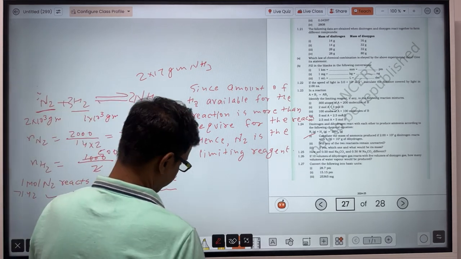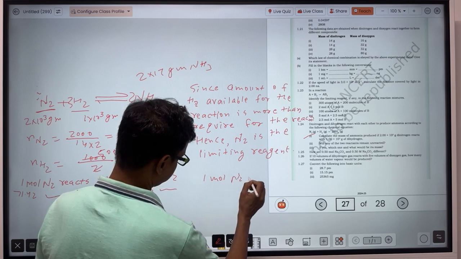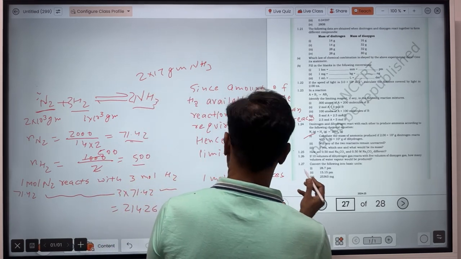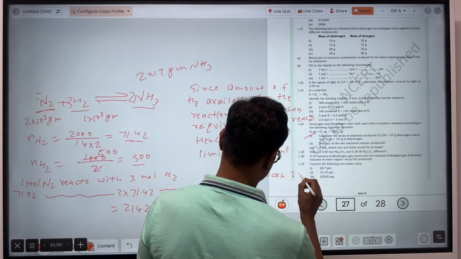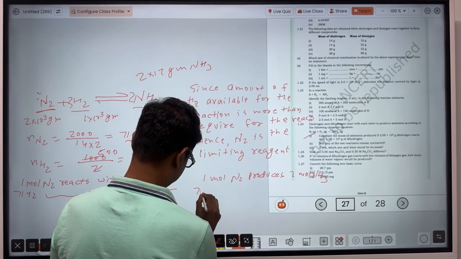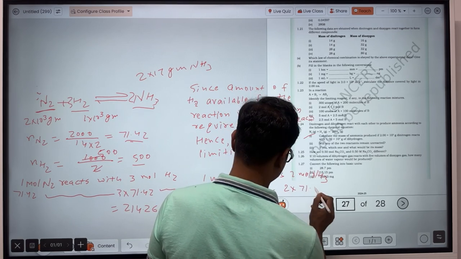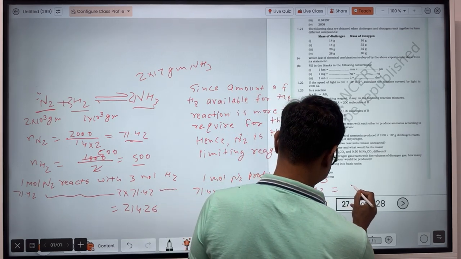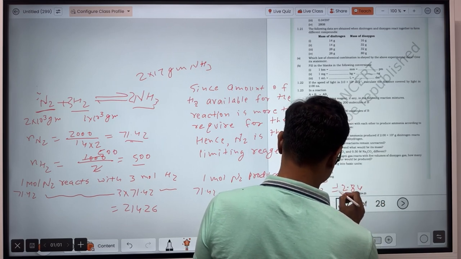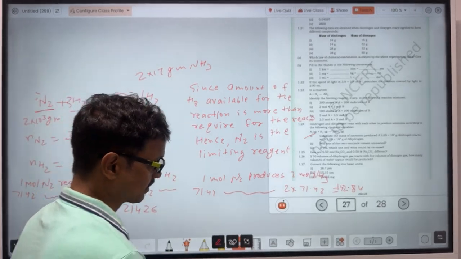Anyway, you may do that. So 142.84 moles, in terms of moles.